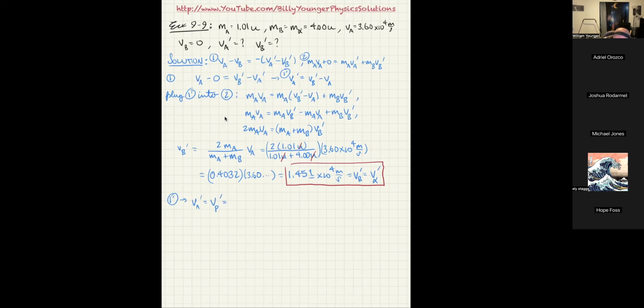That is equal to the velocity of B prime minus the velocity of A. And of course, that is 1.451 times 10 to the fourth meters per second minus VA, which is 3.60 times 10 to the fourth meters per second. So when I subtract this, I'm obviously going to get a negative number.